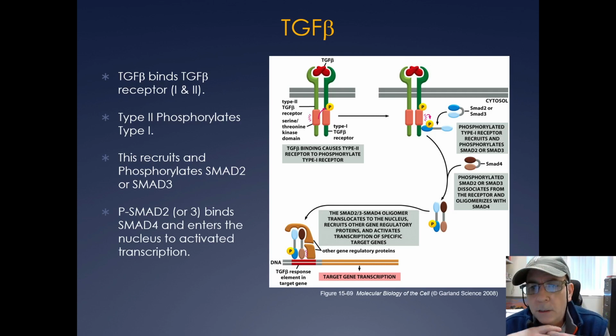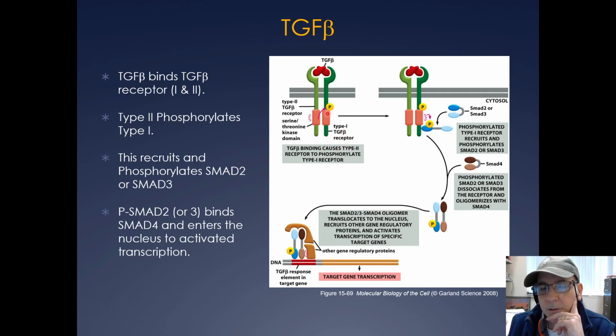Another really important signaling cascade is TGF-beta signaling. TGF-beta binds to the TGF-beta receptor, which has a serine-threonine kinase domain, and you have two different TGF-beta receptors, a type 1 and a type 2.